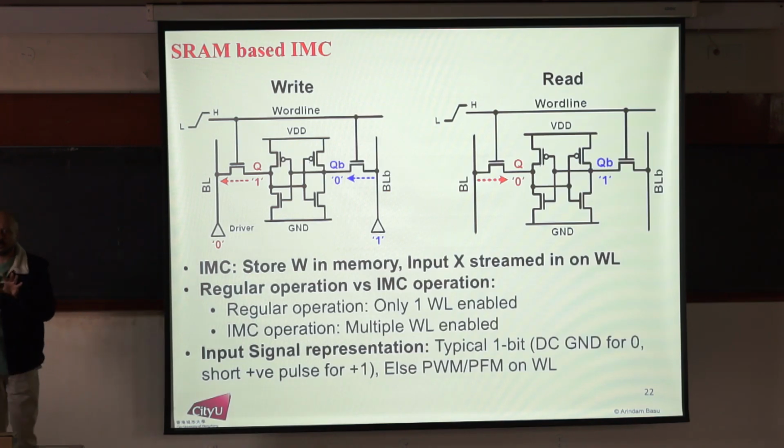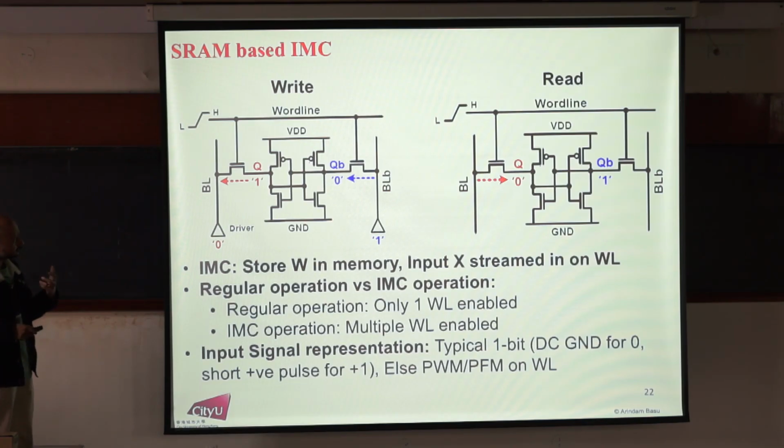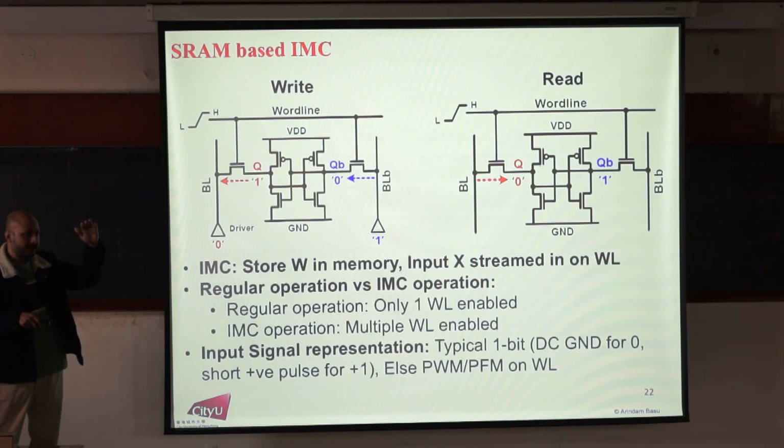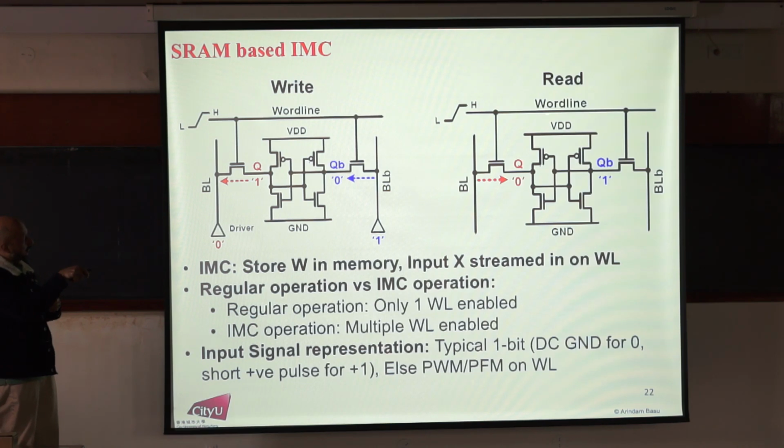The reading process is more of what we are interested in for in-memory computing. So the read process is a bit like this: you will first pre-charge both bit line and bit line bar to the power supply and then leave them floating. So they are now like capacitors holding some charge. And then you enable the word line of the row that you want to read. So these two NMOS transistors get turned on.